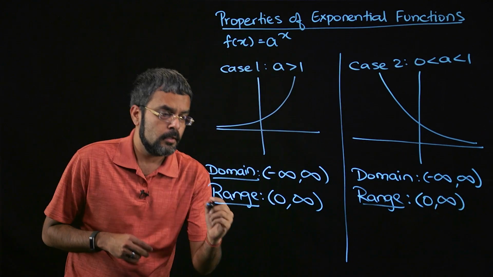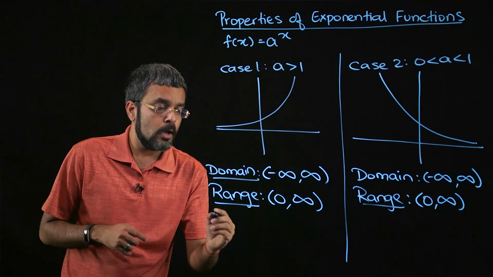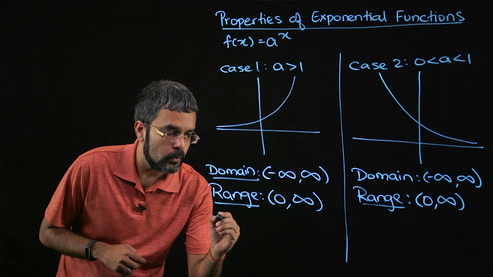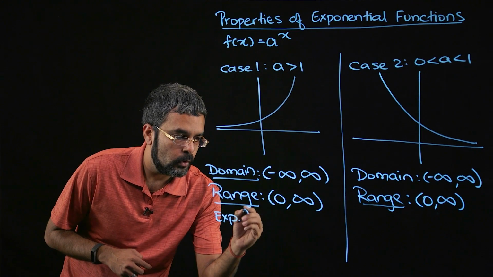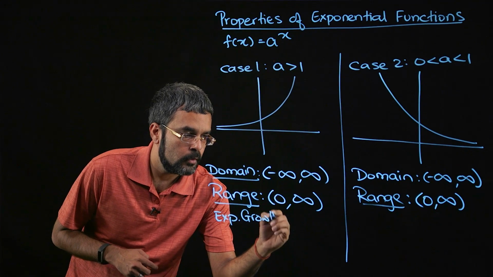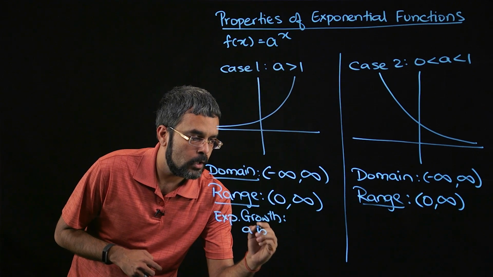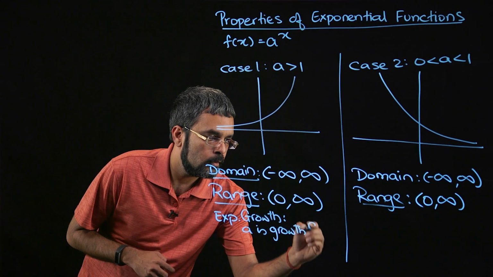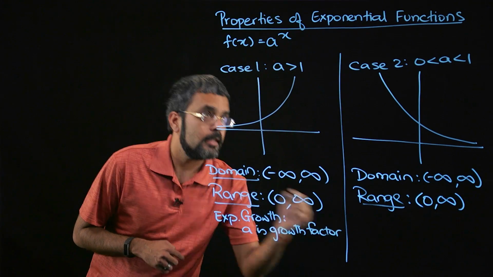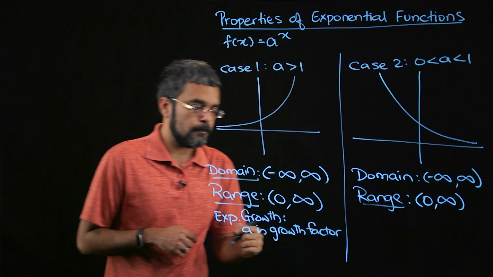Now, in this case, if a is greater than 1, we call it an exponential growth. So in this case, I get an exponential growth, where a is called the growth factor. It's an increasing function, and I have a growth factor.